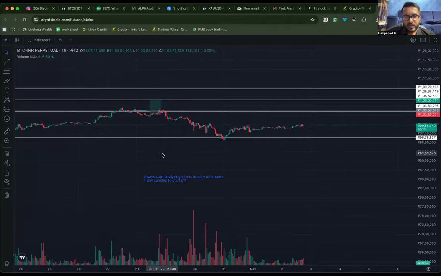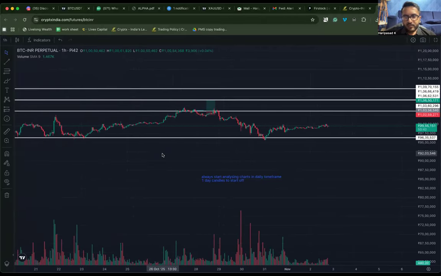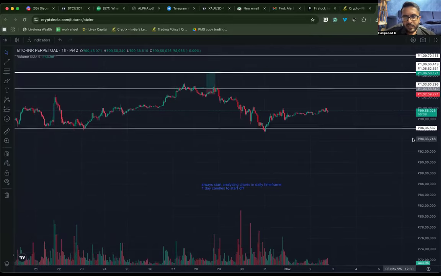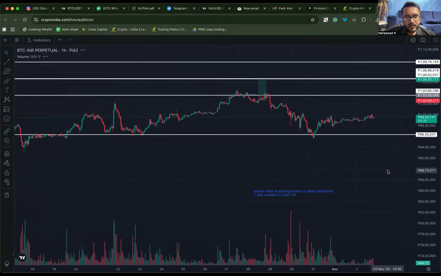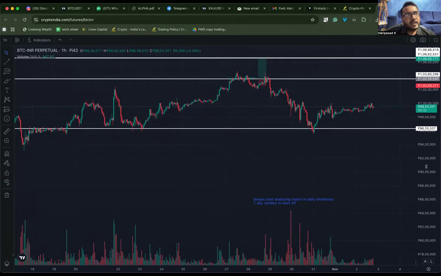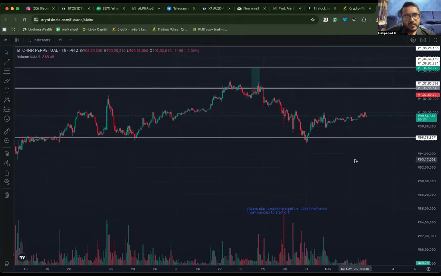So once again, I'm pointing it out to you guys: whenever I'm marking levels for Bitcoin, the levels that I mark are always going to be in the daily and hourly time frame. Now from daily, I come down to the hourly time frame.